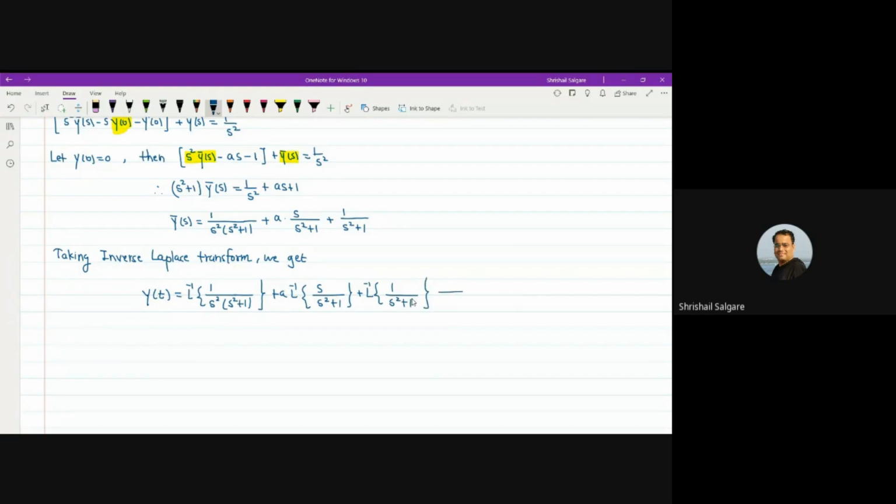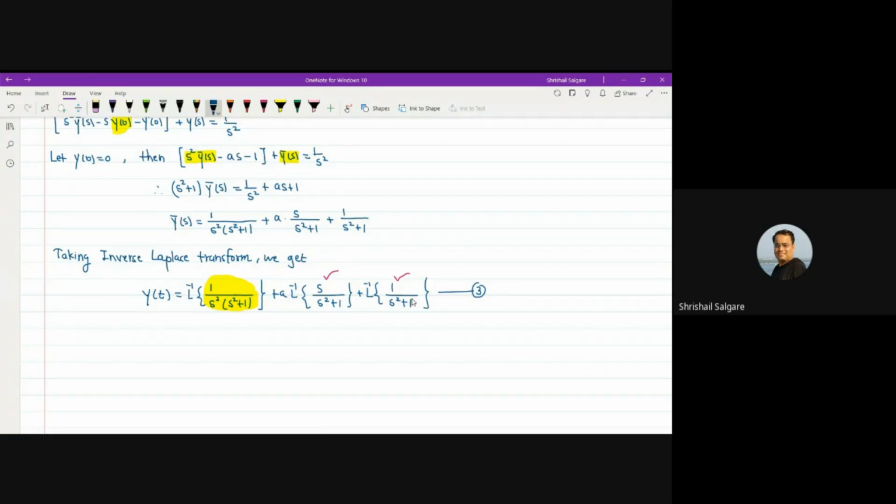Suppose this equation I will call number 3. Now, you can notice directly this is in the standard form. This is also in the standard form. Only we have to evaluate the inverse Laplace transform for the highlighted term. So for that, you may use the convolution theorem.